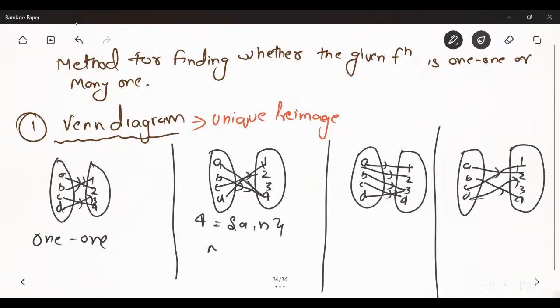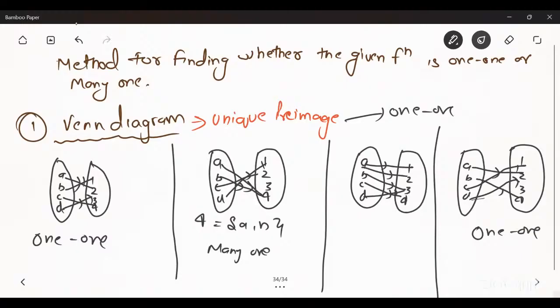So that was a many one function. Unique pre-image means one-one. In the fourth one, 2 has pre-image A, 1 has pre-image C, 4 has pre-image B, 3 has pre-image D. So they are unique pre-images, and that one is a one-one function.